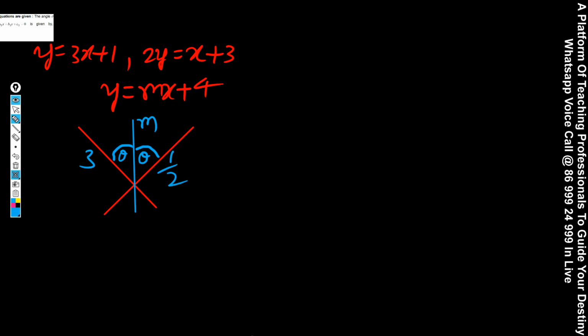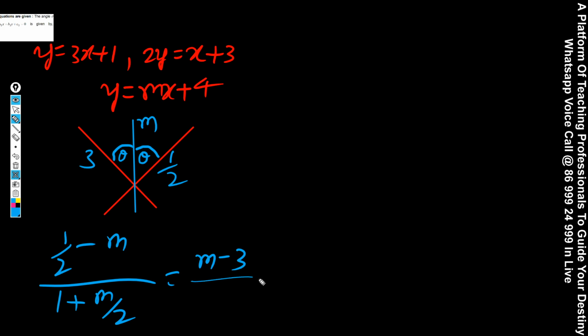Y is equal to mx plus c means bring that 2 to the other side. Then what happens if they are equally inclined? If you make use of modulus, there is no problem at all. If you don't want to make use of modulus, then continue the direction like that only. Half, that is m1 minus m2 divided by 1 plus m1 m2 is equal to m minus 3, that is m1 minus m2 again, by 1 plus m1 m2.